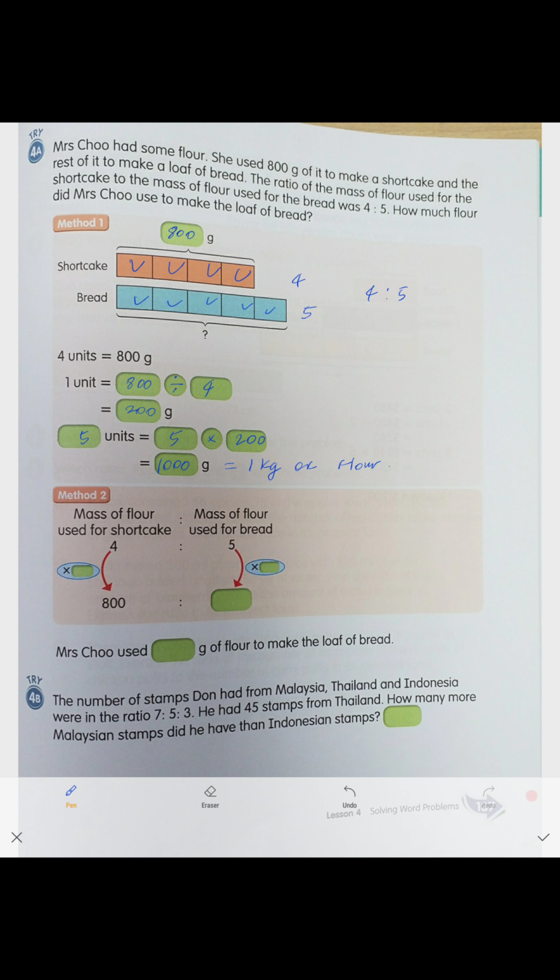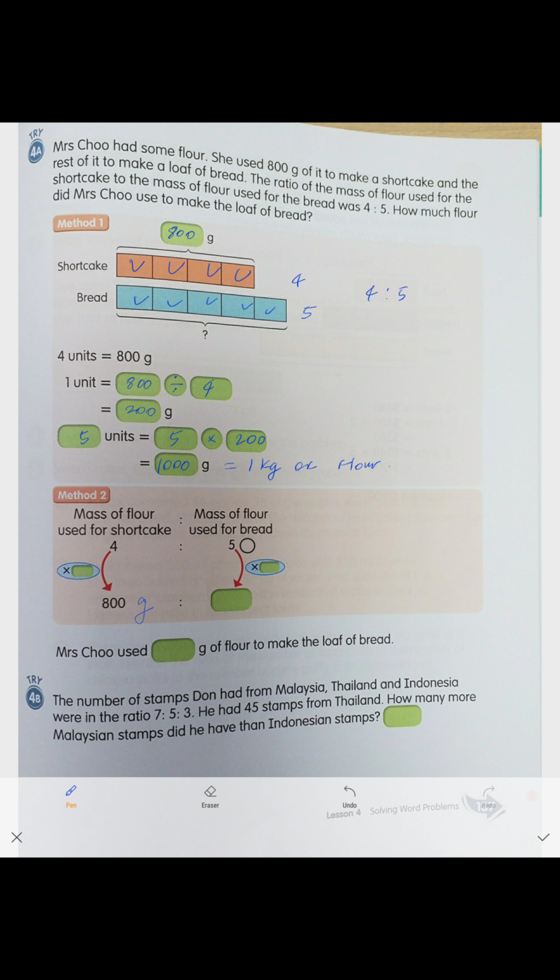All right. Now, second method is we use our ratio. 4 to 5 is shortcake to bread, yeah. And 4 units of flour is 800 gram, right?